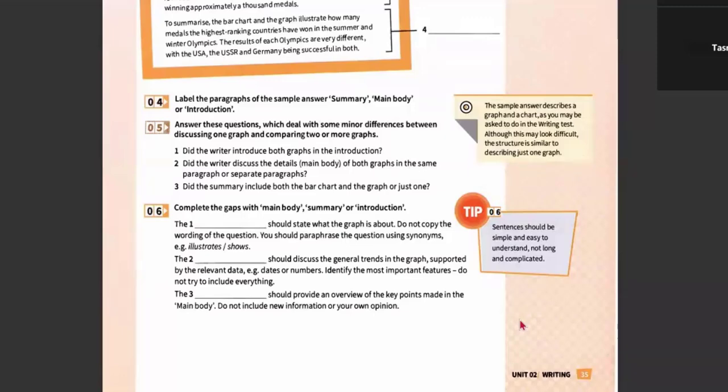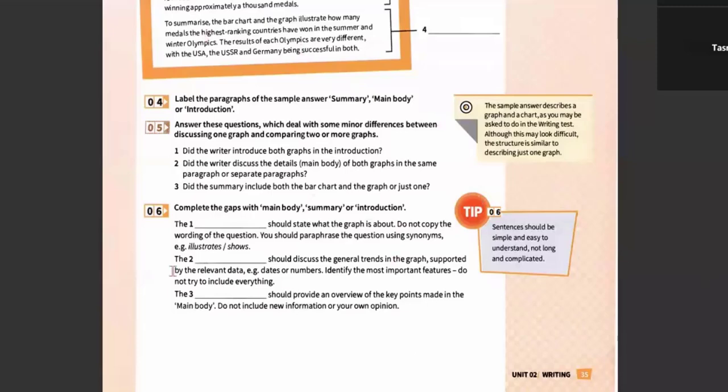The main body should discuss the general trends in the graph, supported by relevant data, for example, dates or numbers. Identify the most important features. Do not try to include everything. The summary should provide an overview of the key points made in the main body. Do not include new information or your own opinion.